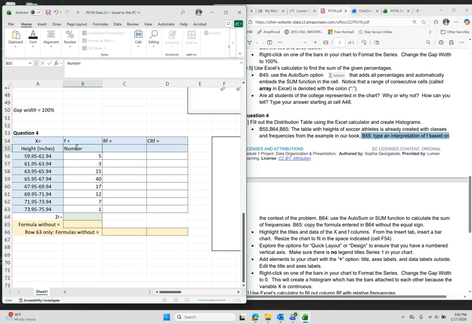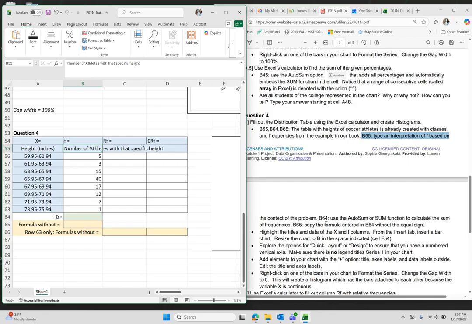Frequency is the number of observational units, in this case athletes, with that specific height. So usually the title of our graph will say something that descriptive. Here we would probably just say number of athletes, which describes the frequency.